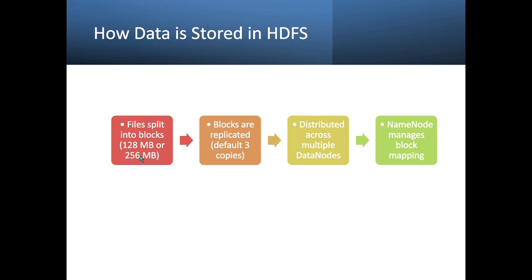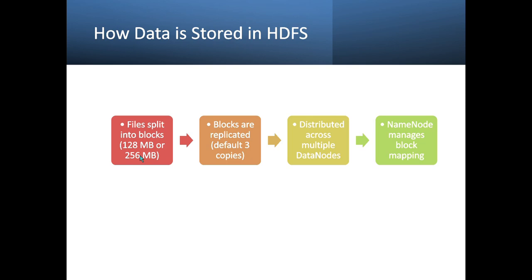These blocks are then replicated, by default 3 copies, and distributed across the different data nodes so that it ensures fault tolerance. The name node keeps a map of which block is on which data node.